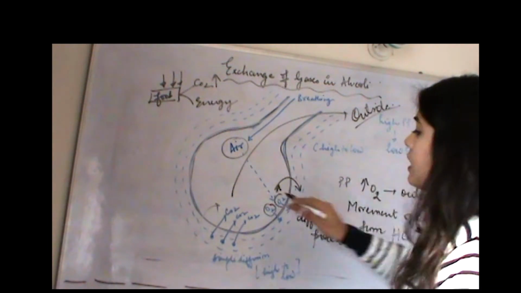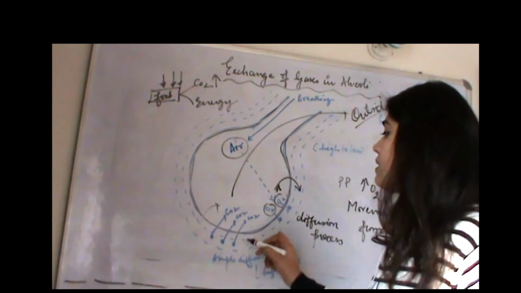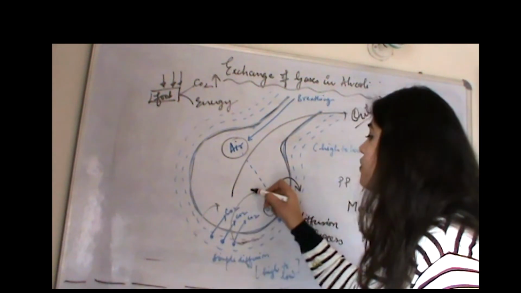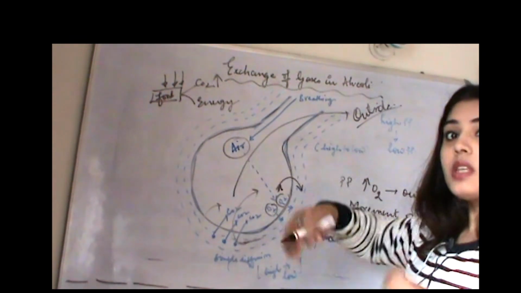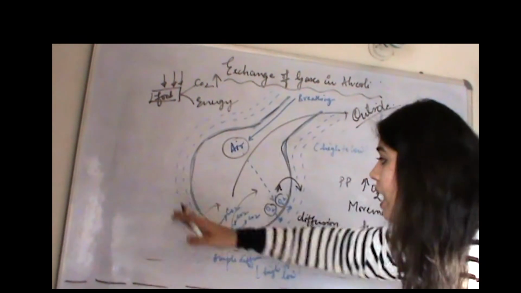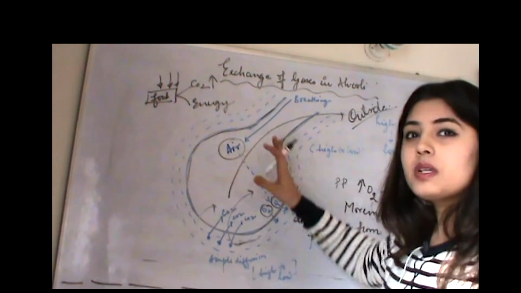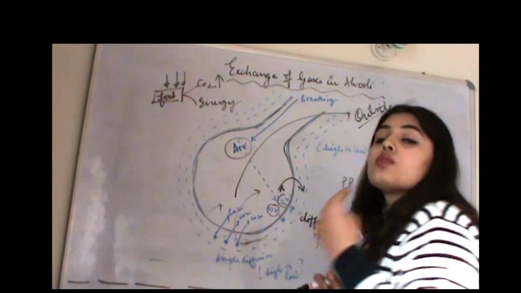Why? Because in the body, when the concentration of CO2 increased, that was the high concentration area, and from there it moves to the low concentration area. Later, the alveoli become highly concentrated because a large amount of CO2 coming from the body is moving into the alveoli. So the partial pressure of CO2 increases here. Now where will it go?